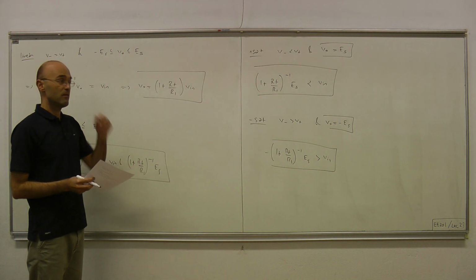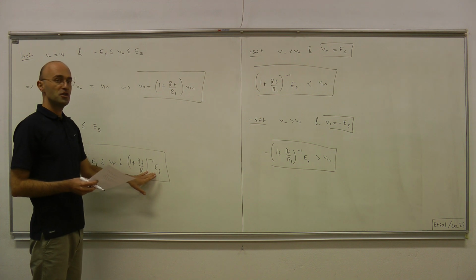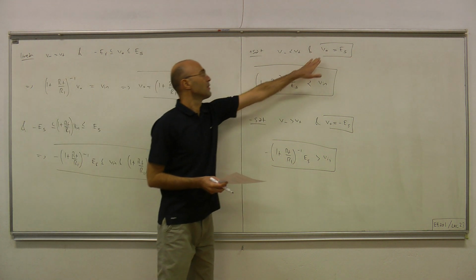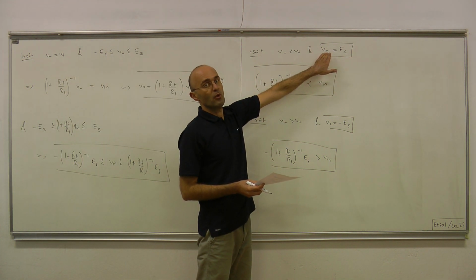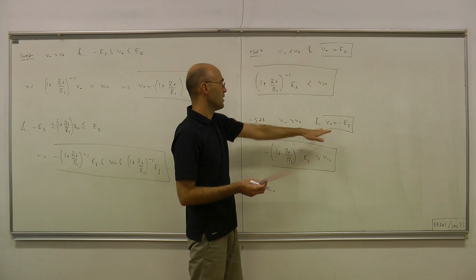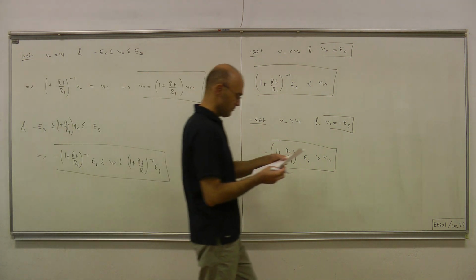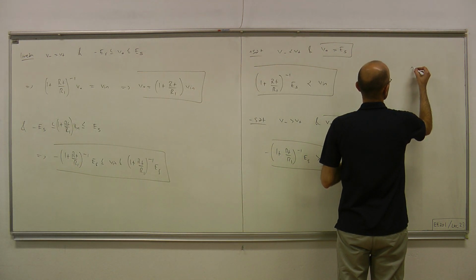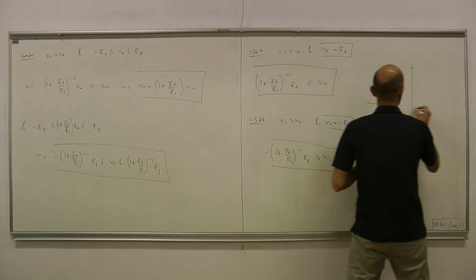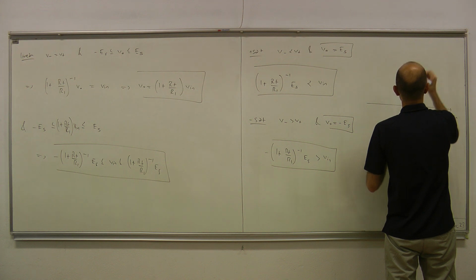Okay. So we have all the pieces: the input-output relation in the linear region, the condition for that, the output voltage in the positive saturation region and the condition for that, and likewise for the negative saturation region. Hence, if you combine those three pieces, this is what you get. V in, V out.